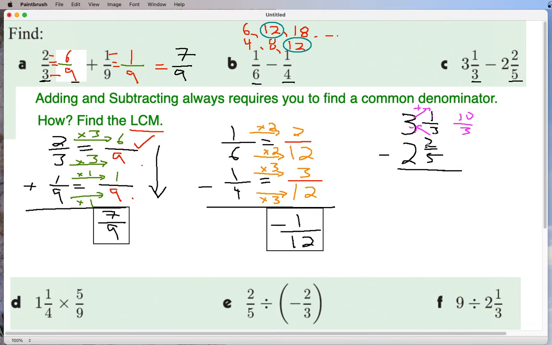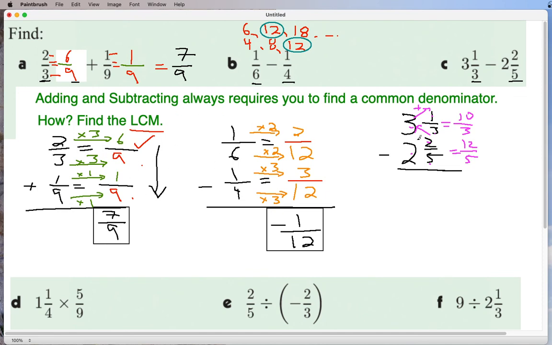And now we're going to do that with a second mixed number. 5 times 2 is 10, plus 2 is 12 over 5. All right? So all I've done is I've changed these mixed numbers to improper fractions. Okay? And now I'm going to do the same strategy as these two here before.